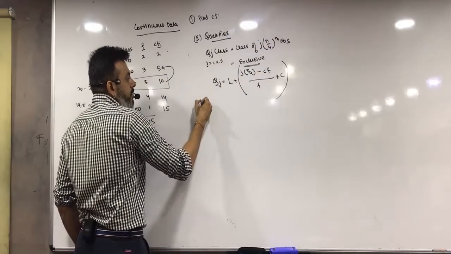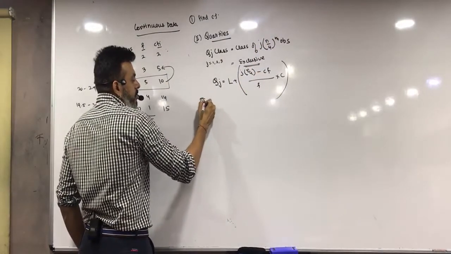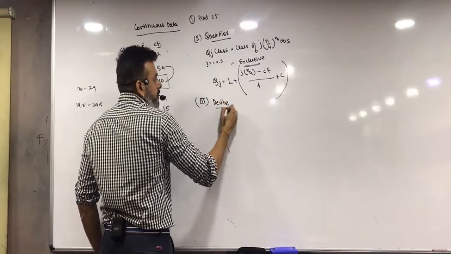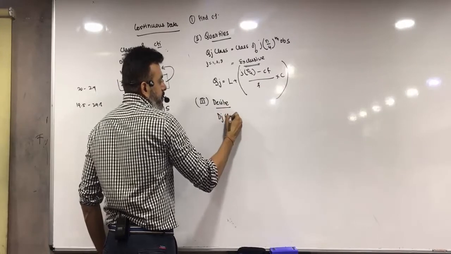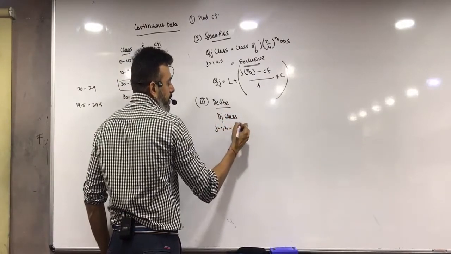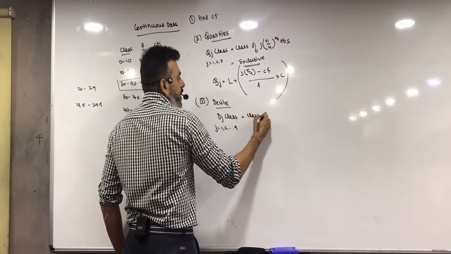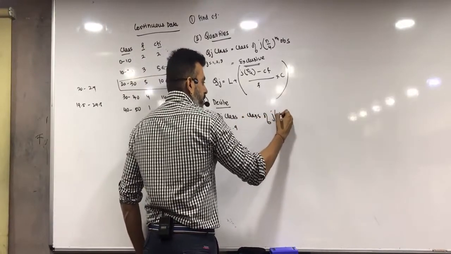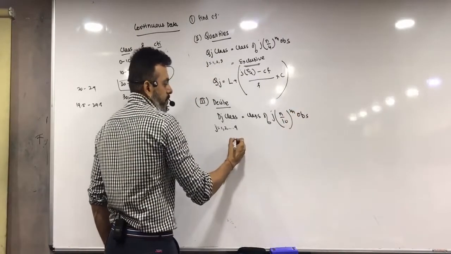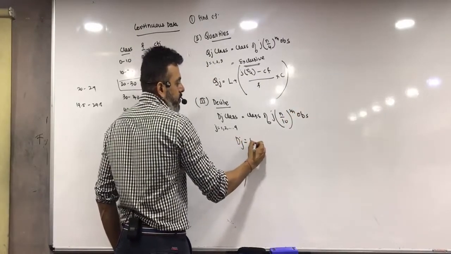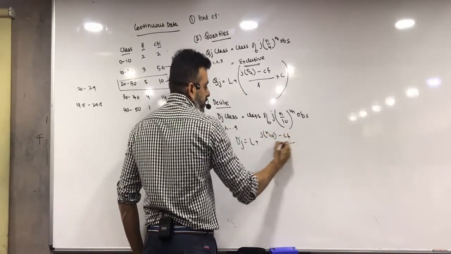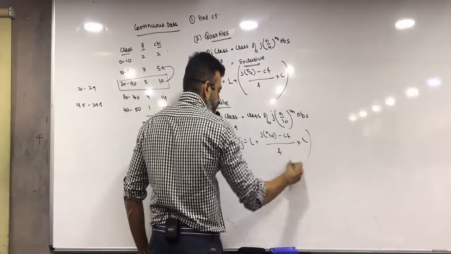Okay, then third, decile. Dj class, where j is equal to 1, 2, up to 9, is the class of j n by 10th observation. Dj is equal to L plus (j n by 10 minus CF) upon f into c.